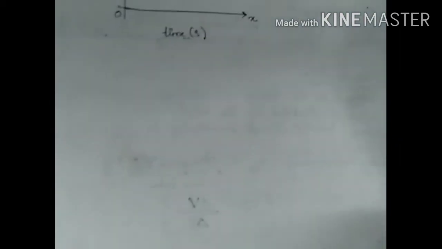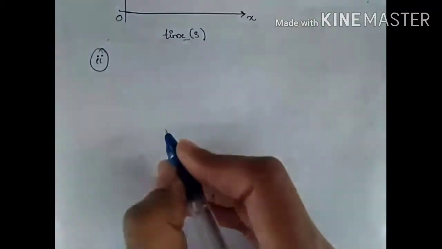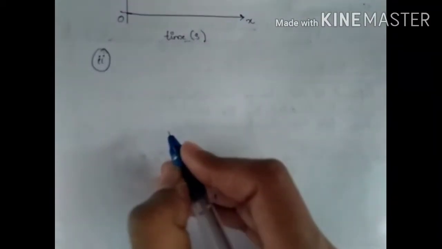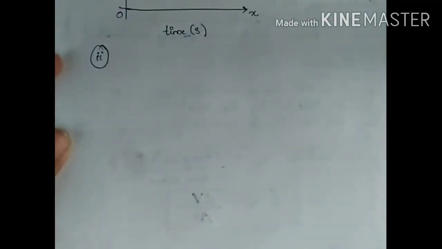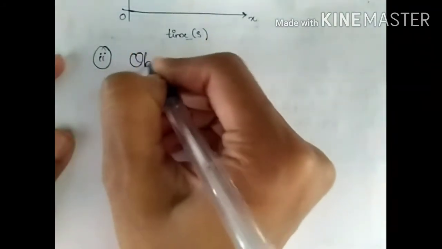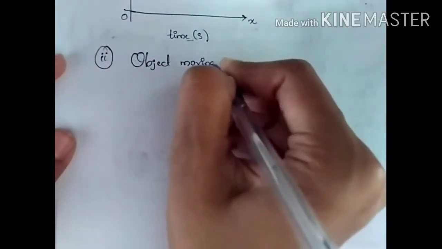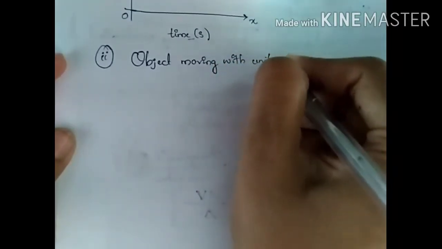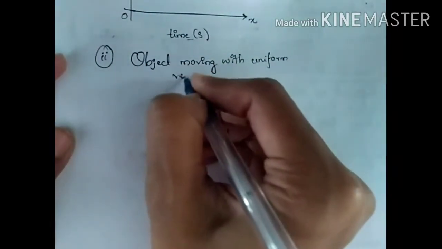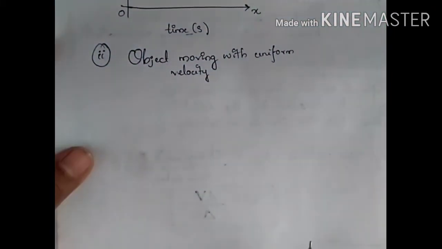Now the second graph is for an object moving with uniform velocity. What does this mean?